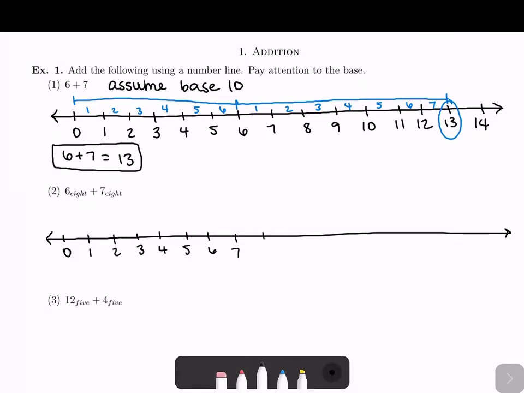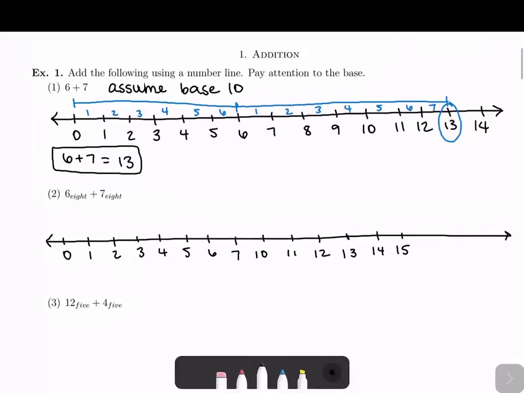And then we carry. So we have 1 eight and nothing else, because that 1 is in the 8's place. Then an 8 and a 1, an 8 and a 2, an 8 and a 3, an 8 and a 4, an 8 and a 5, an 8 and a 6, an 8 and a 7.